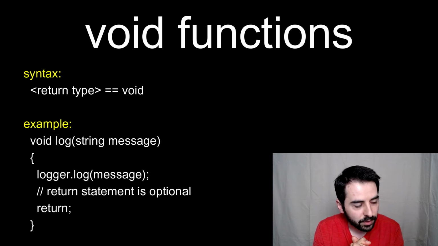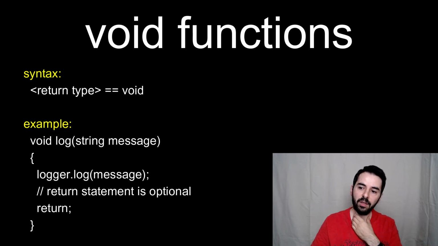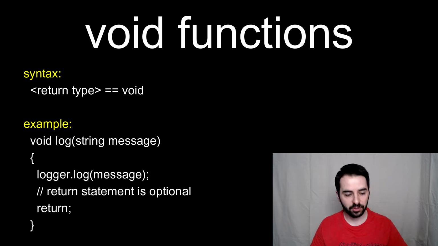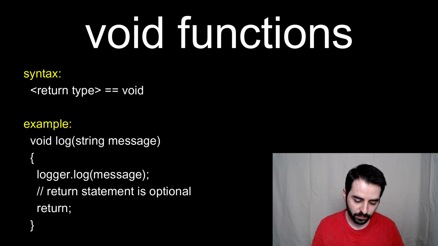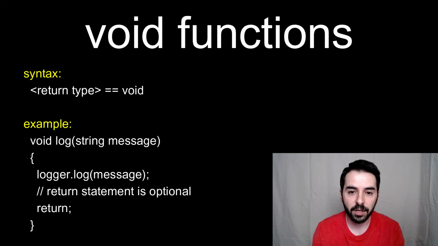There is a special case. There is a type name void, which really is not a type name. Void means basically the function doesn't return anything. So if in a statically typed language you are defining a function and, instead of a return type, you write void in the signature, it means this function doesn't return anything.